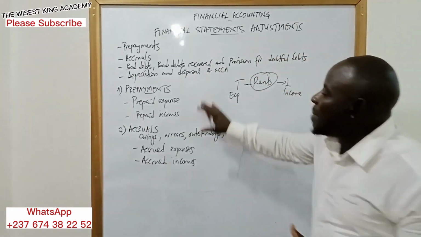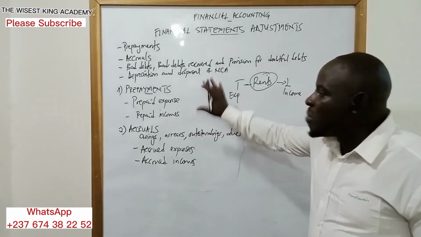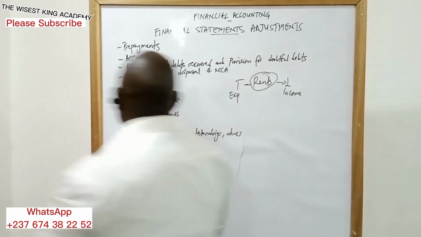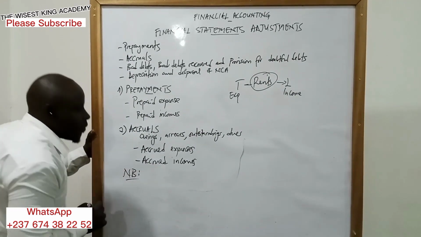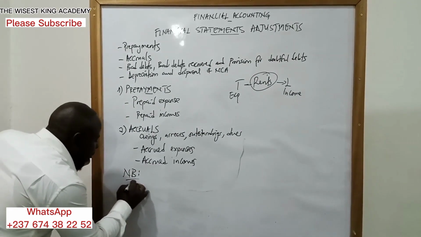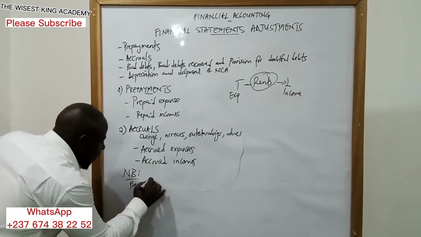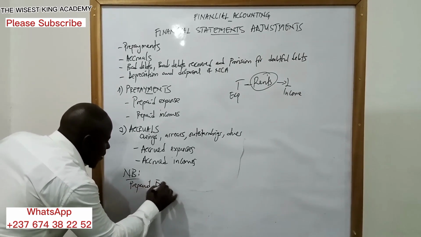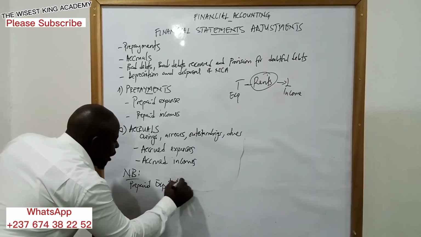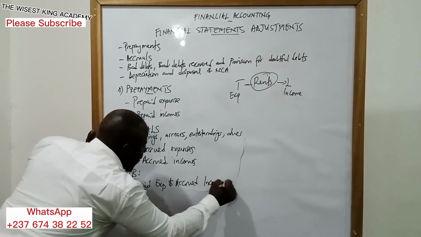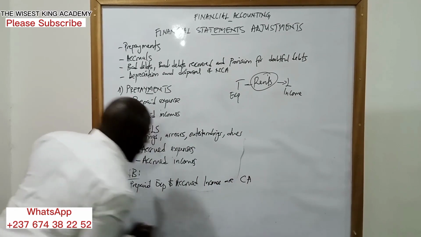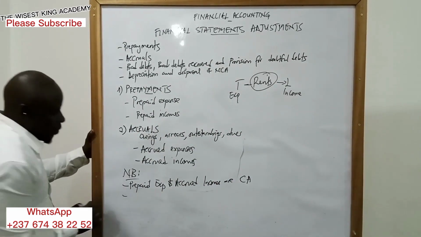Okay, let's make a small resume on prepayments and accruals. Nota bene: prepaid expenses and accrued incomes are current assets. Very, very important.